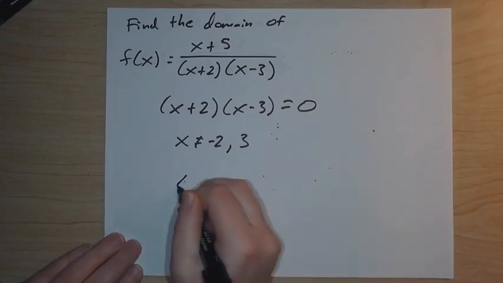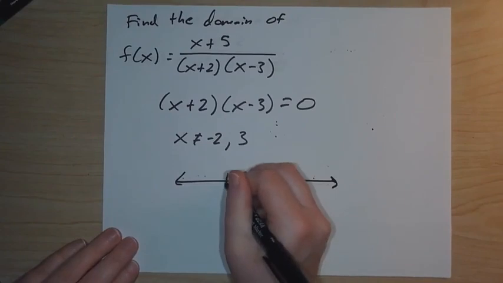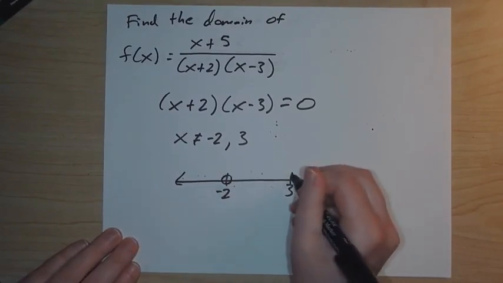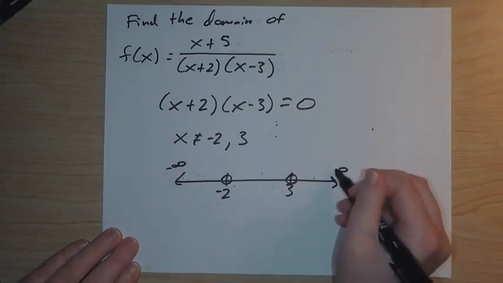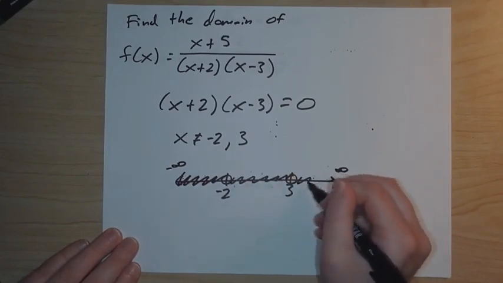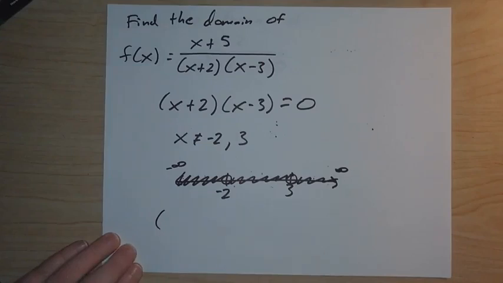On a number line, we have the values negative 2 and 3. It cannot be those values, so it's an open circle. But x can be everything else. Writing that in interval notation, we start from the left and go to the right.